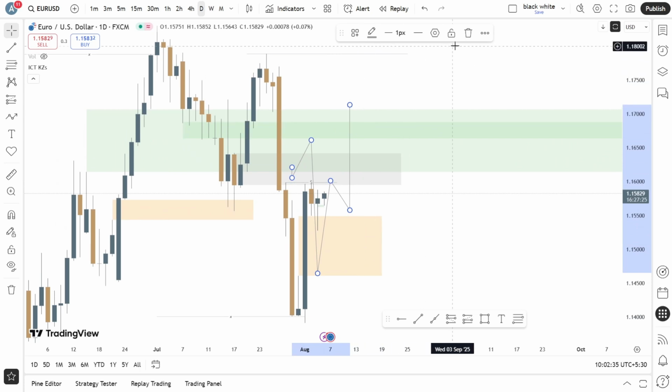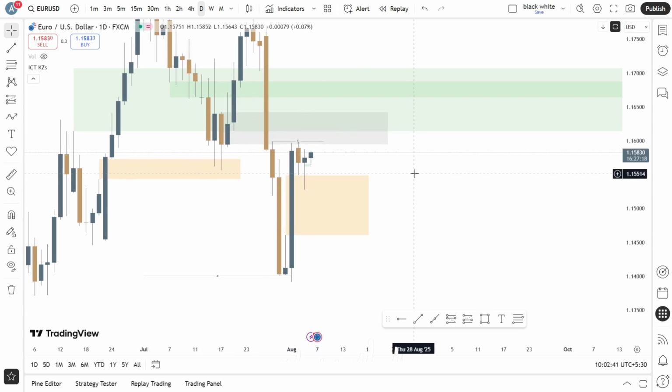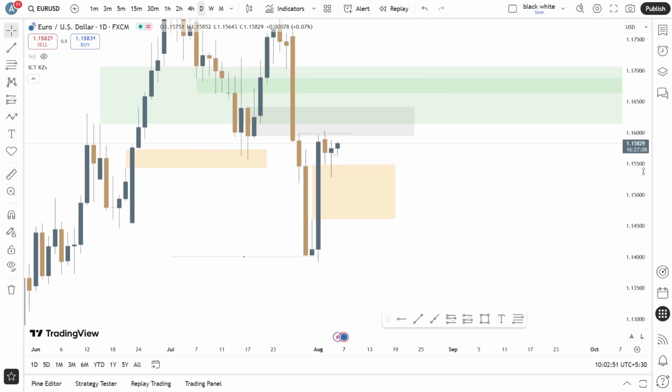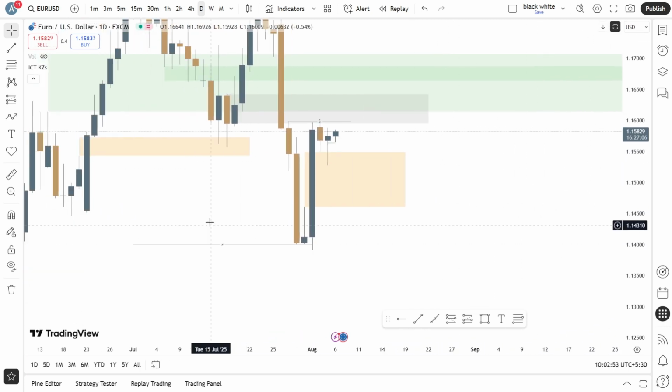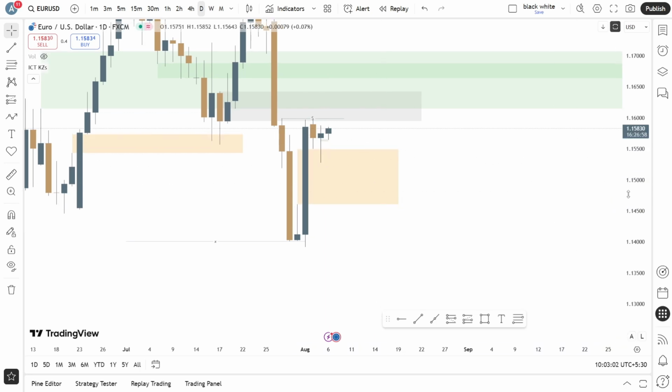So I'm anticipating that most likely price is going to tap something over here, and then it will be a resistance zone for the price to move into the further upside direction. Apart from that, we are having this FVG, and it is a daily FVG. The price tapped the FVG and moved into the upside direction.